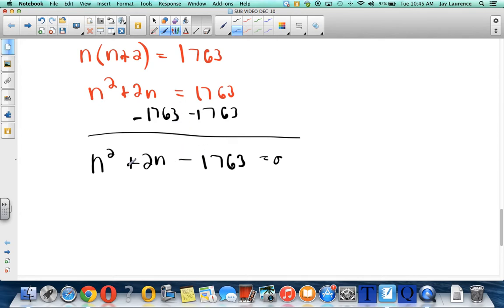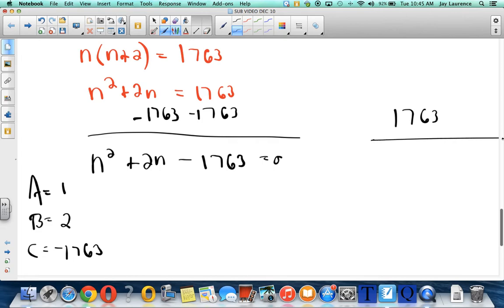All right, so now I've got ABC. A, B, C. Easy as 1, 2, negative 1,763. Multiplying A by C, I get 1,763. Now instead of listing all the factors of that, I'm going to take the square root of 1,763.